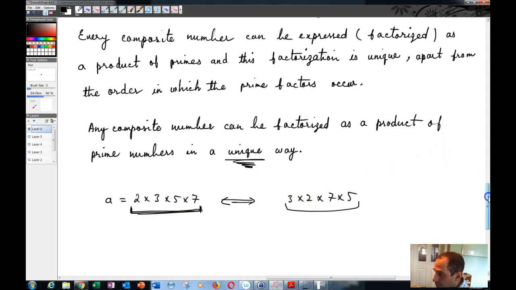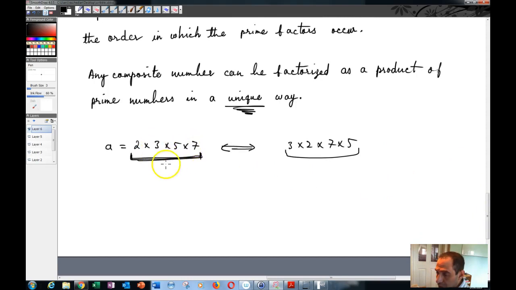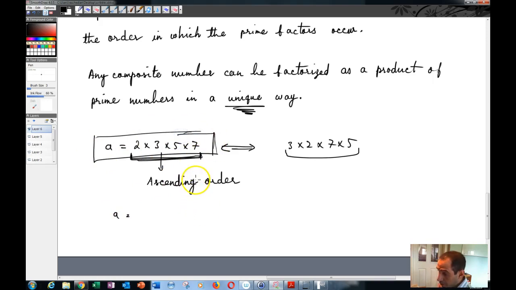But if you express these numbers in ascending order, like this, and write a is equal to this exact way, which we have done over here, then this prime factorization is actually unique, and it's not possible that you can find any other natural number that can have this prime factorization.